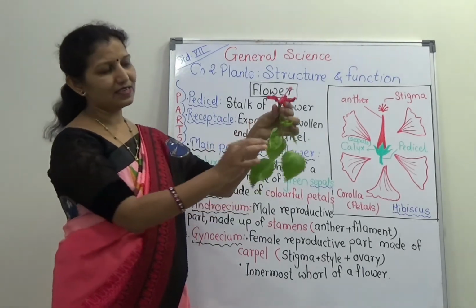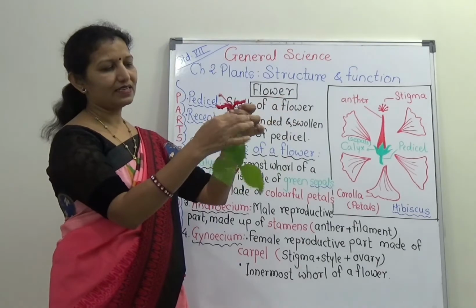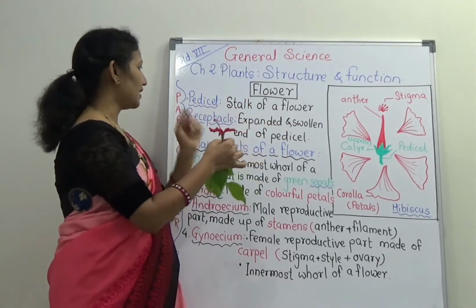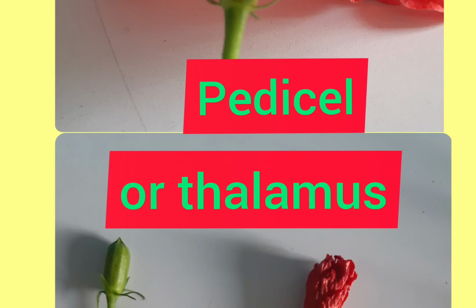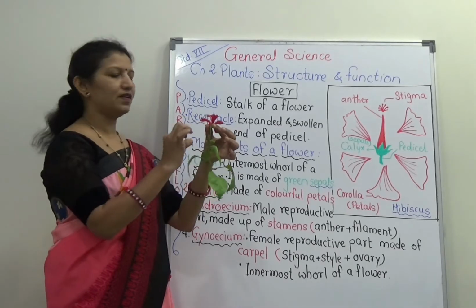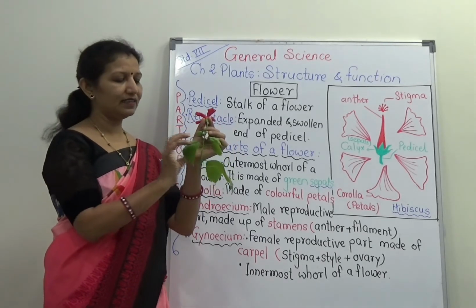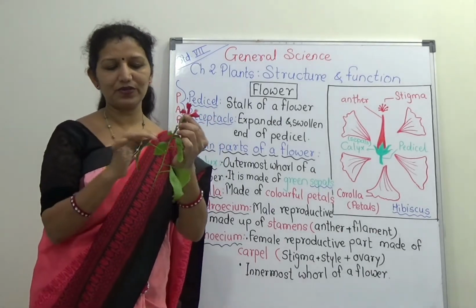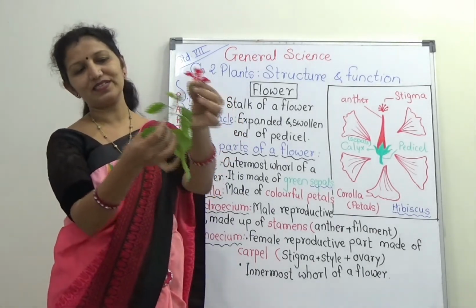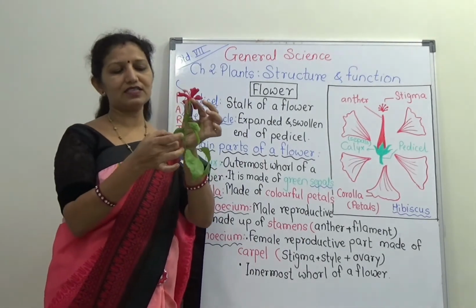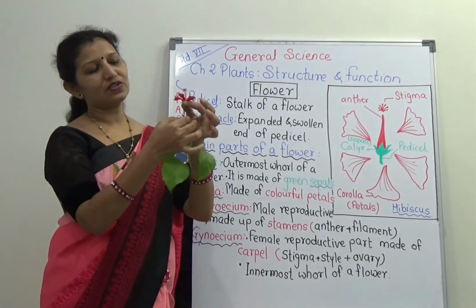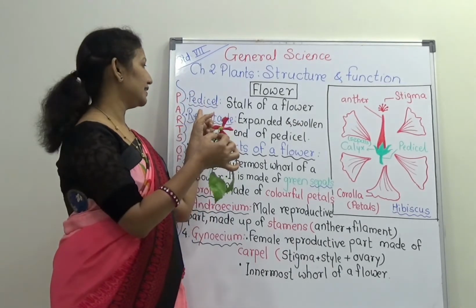Say it is on the stem, and its first part is here, pedicel. Pedicel, that means stalk of a flower. Like in this leaf, it is a petiole. See, stipules are also present here. So this is the petiole, the stalk of leaf, and the stalk of flower is called pedicel.